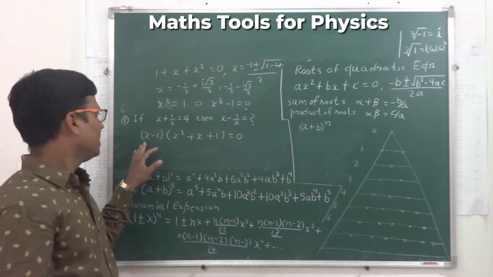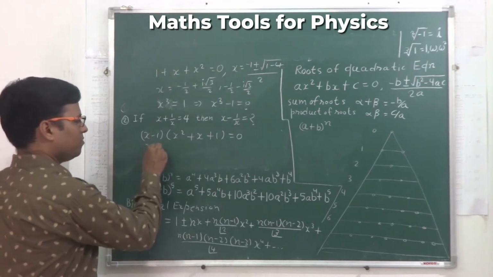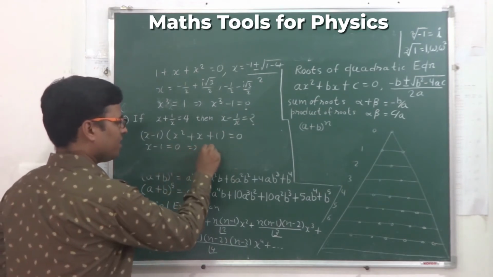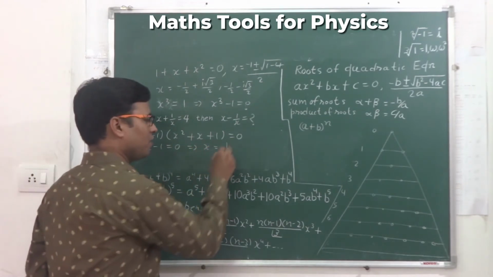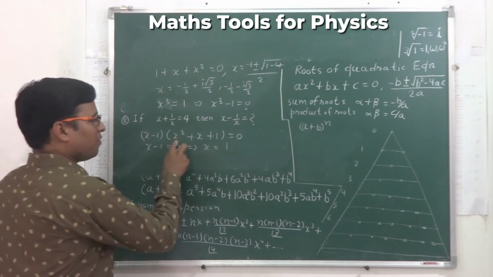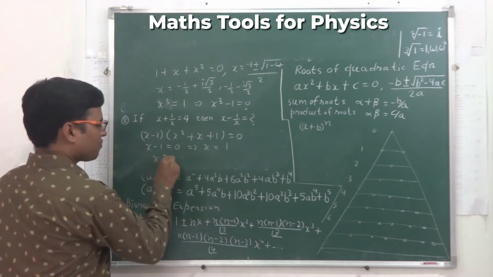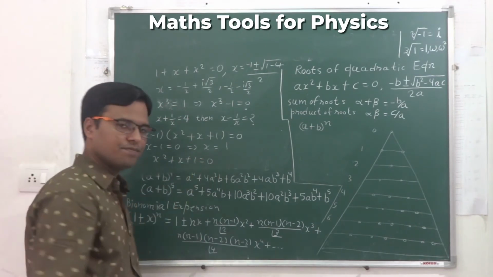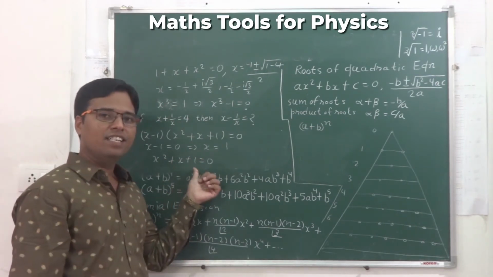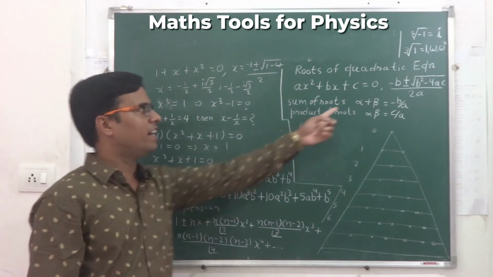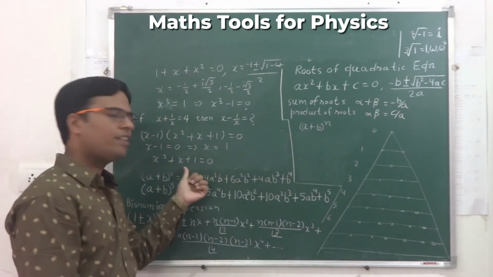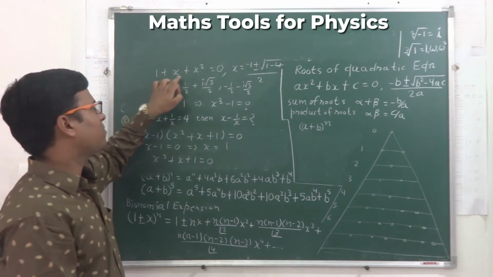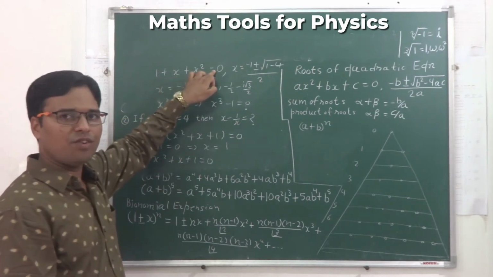Using this part, x minus 1 may be equal to 0, then we will get the value of x as equal to 1. For the remaining part, x square plus x plus 1 is equal to 0. How can we calculate this equation? Using the quadratic equation, we have already solved this equation, that is 1 plus x plus x square is equal to 0.